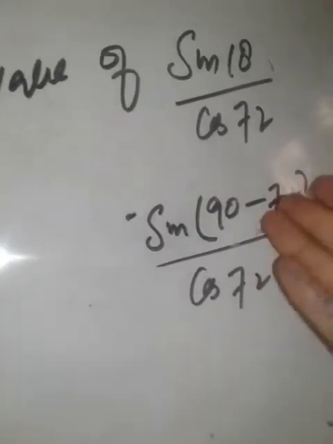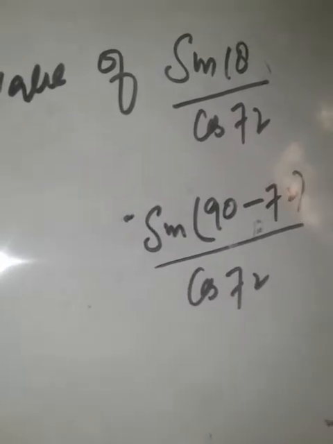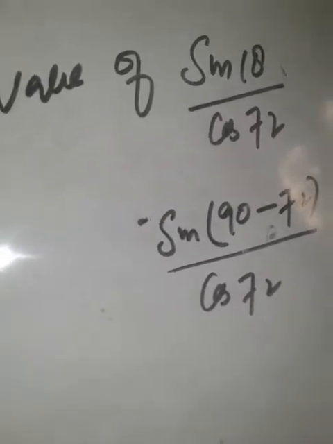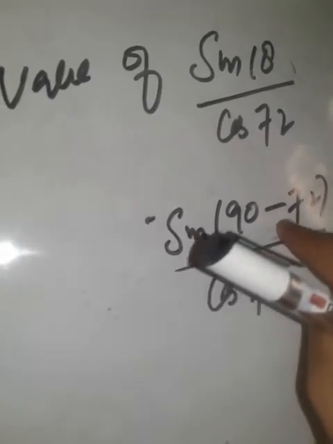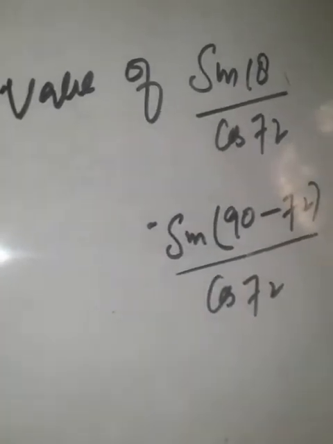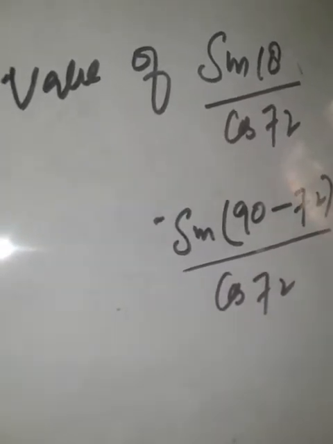Why 90? Why not 80 minus something, or 50 minus something? Because we know the relation sine 90 minus theta. Whenever we have sine 90 minus theta, it gets converted.